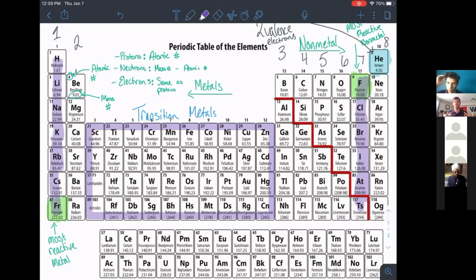So they're also super close to 8. They're one away from being at 8 because they're going backwards here. They're going back to the row beforehand, and they'll make it to that noble gas, or 8 valence electrons. So our groups 1 and 17 are going to be the most reactive elements.